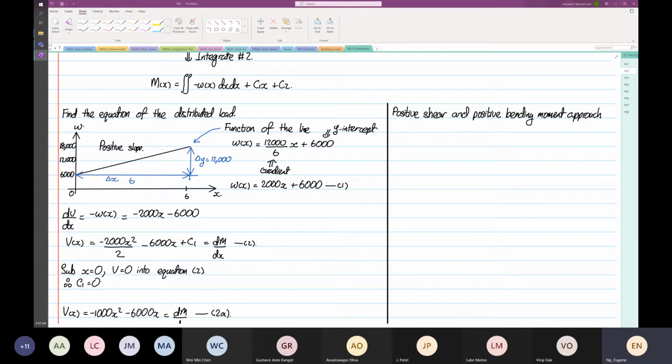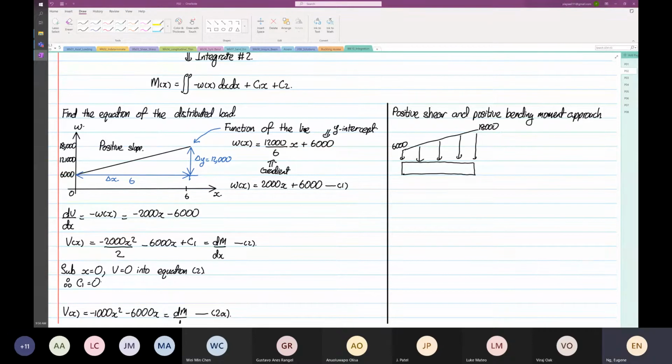So now the thing is this. We don't know where, so remember, this is a gradient distributed load. If I were to draw a structure, we started with 6,000 and ended up in 18,000.